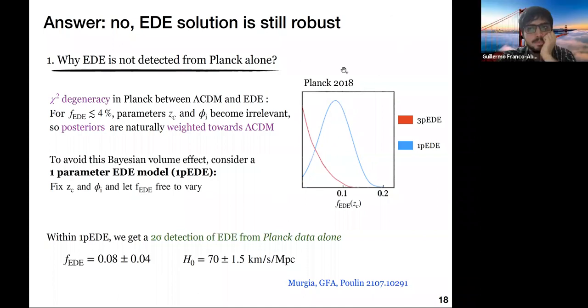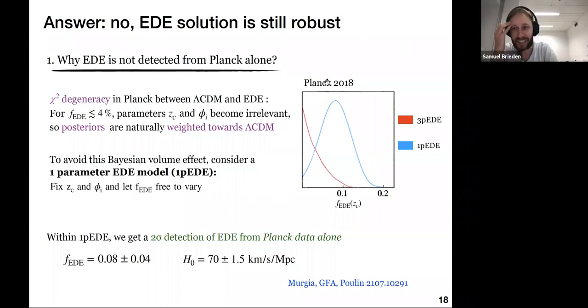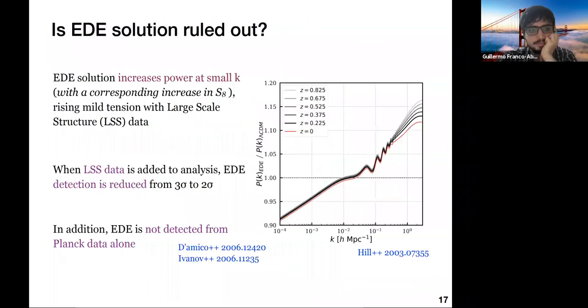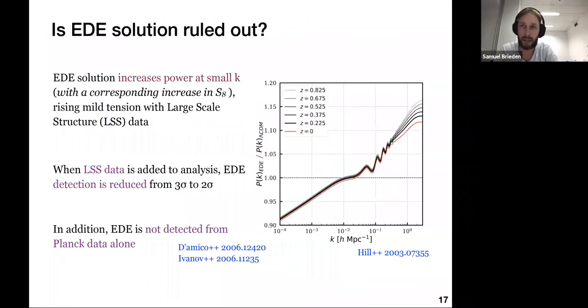I want to ask a question. Yes, hi, Guillermo. Hello. I have one question about the sigma 8 tension. I think it was one slide before, slide 17. Yes, exactly. Here it looks like there's also a change in slope, and this change in slope goes into the sigma 8 tension.